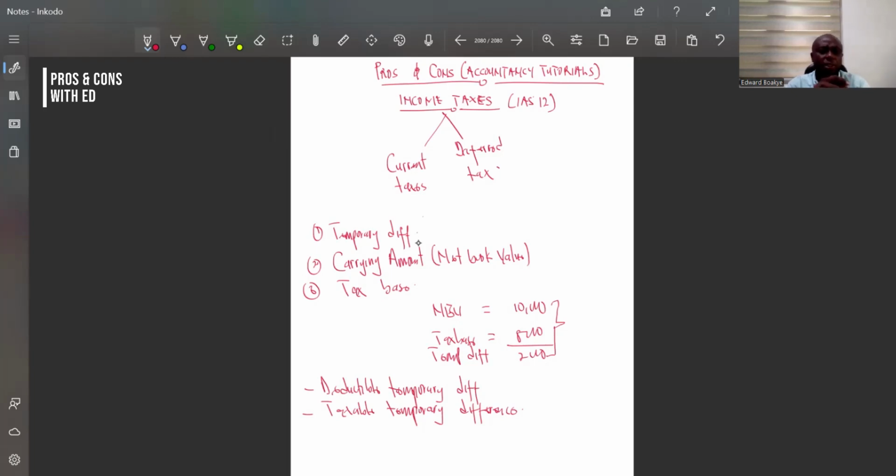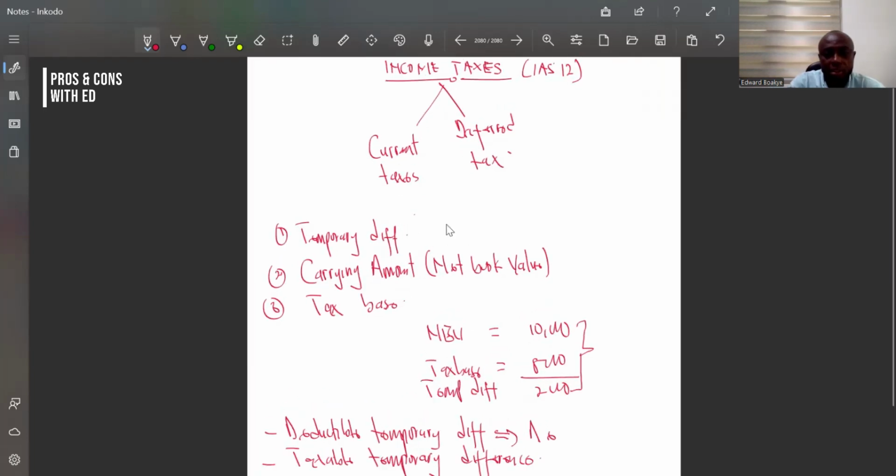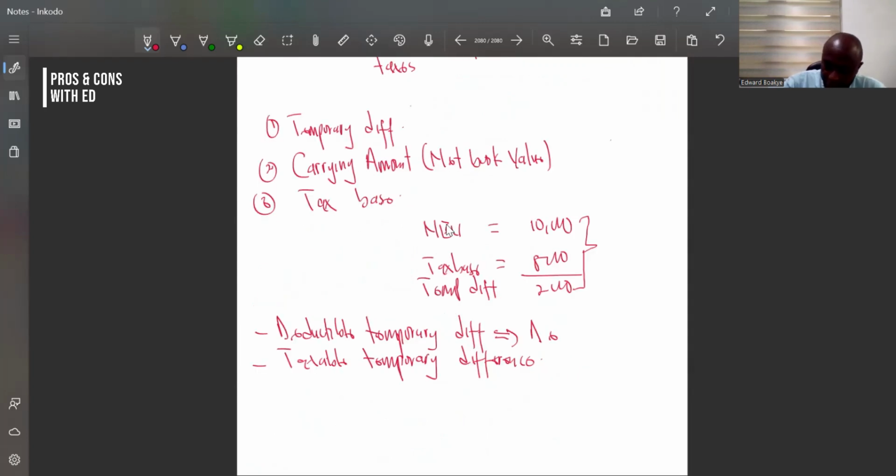Now, if we charge our tax rate on a deductible temporary difference, we get what we call a deferred tax asset. So a deductible temporary difference is leading us to a deferred tax asset. Don't worry, we are going to explain what we mean by deferred tax asset.